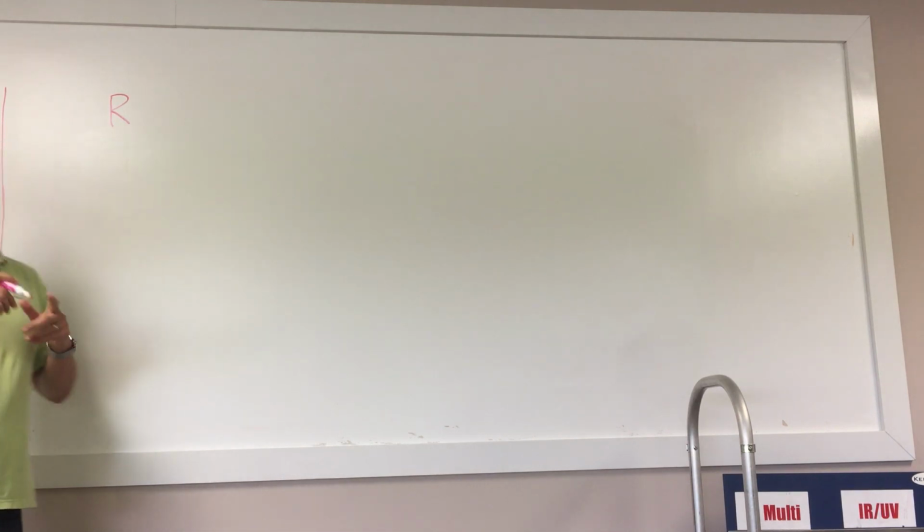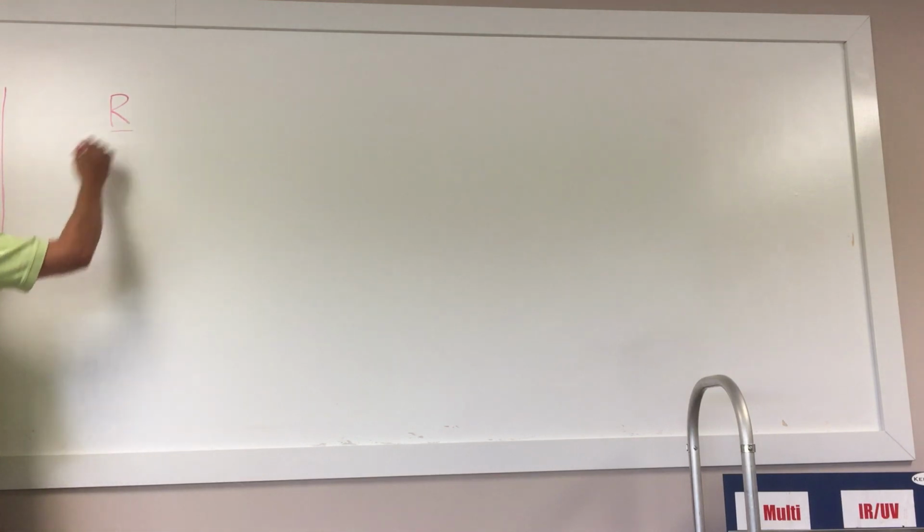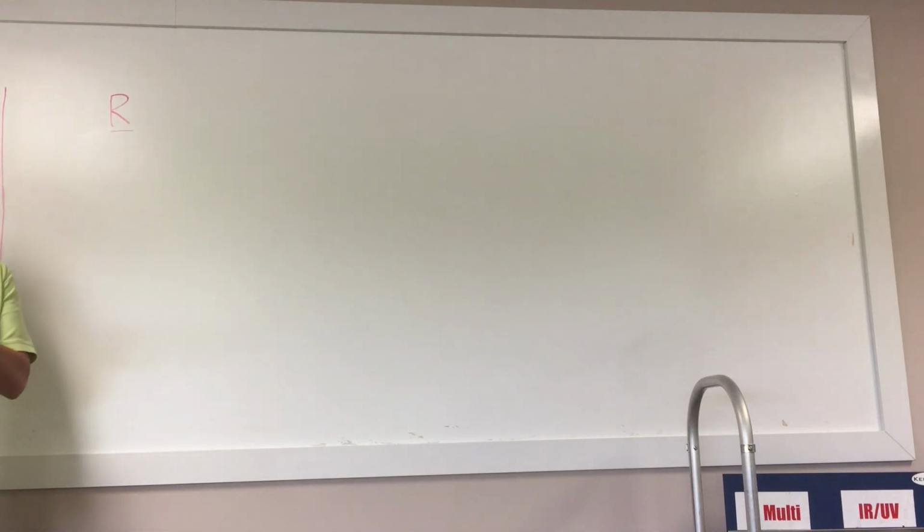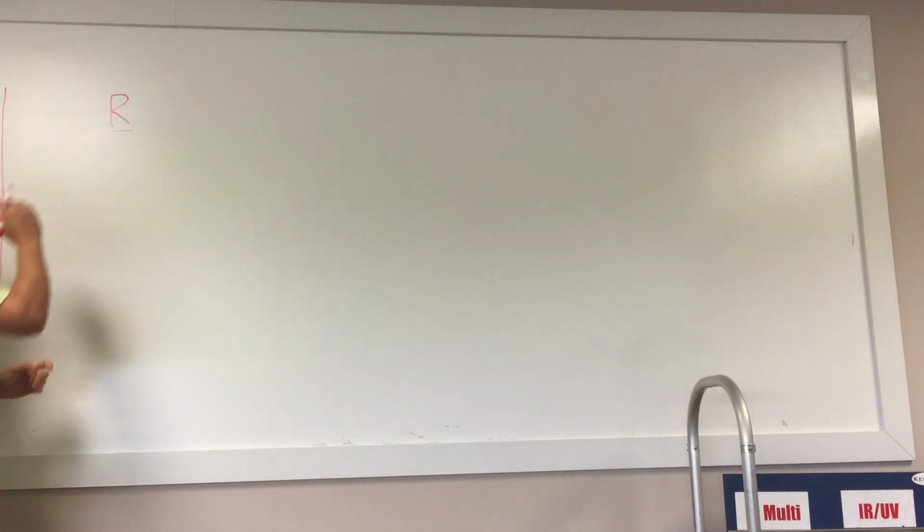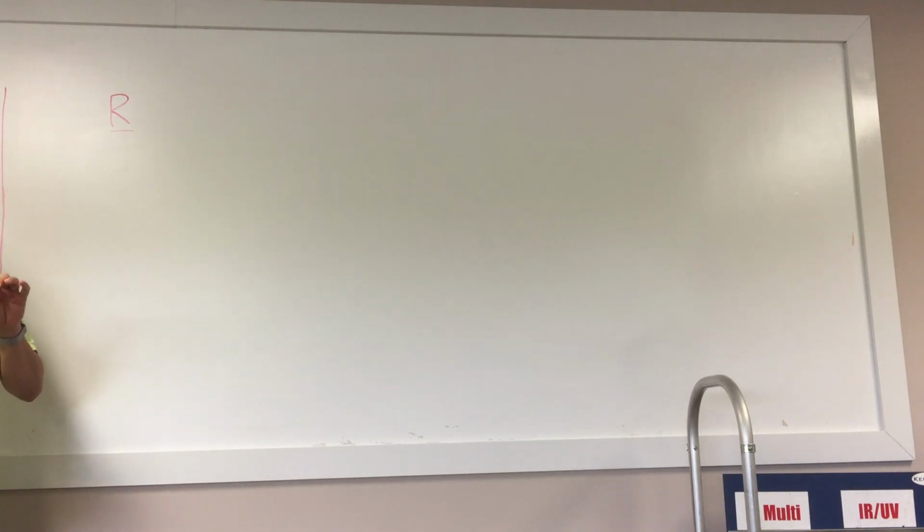So now let me give you a little bit more of a precise definition. Reliability is the probability that a device will operate for a given mission time. The key thing to remember about reliability is we don't care about the ability to detect or repair failures in the middle of the mission.